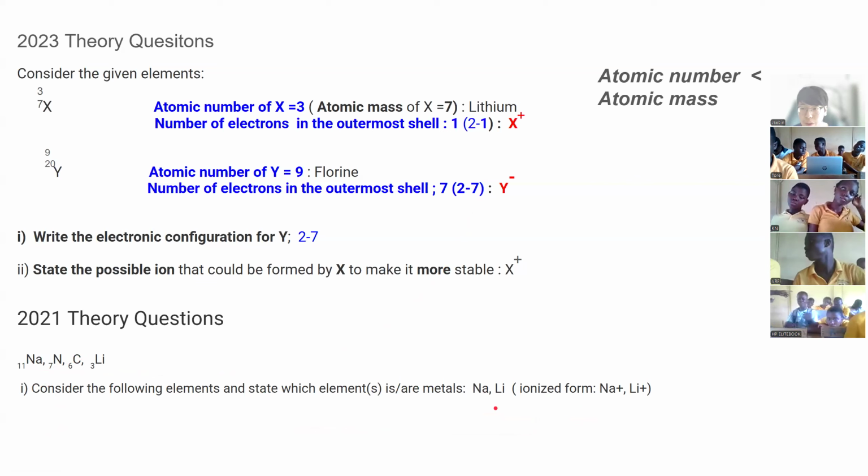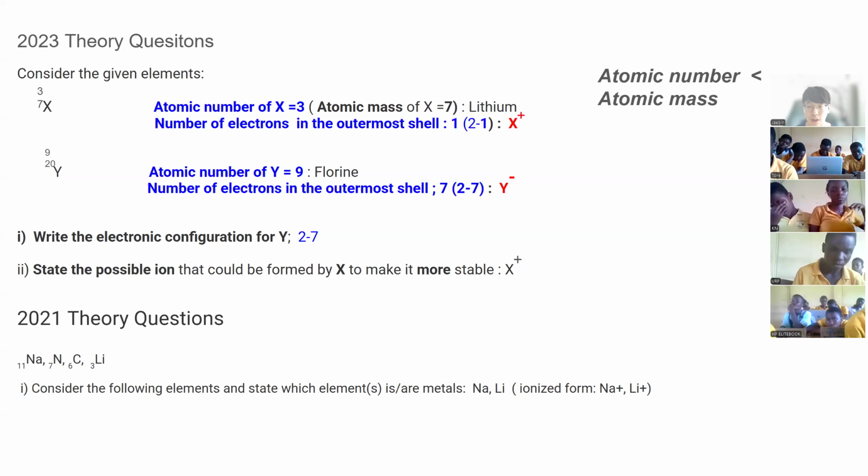I don't have time to show that, but if we form out the 2-8-8 structure, we can see that sodium, Na, and lithium, Li, require losing an electron to become stable, and those ions, therefore, are positively charged because they lose electrons. So those are Na and Li, sodium and lithium. They are the metals.